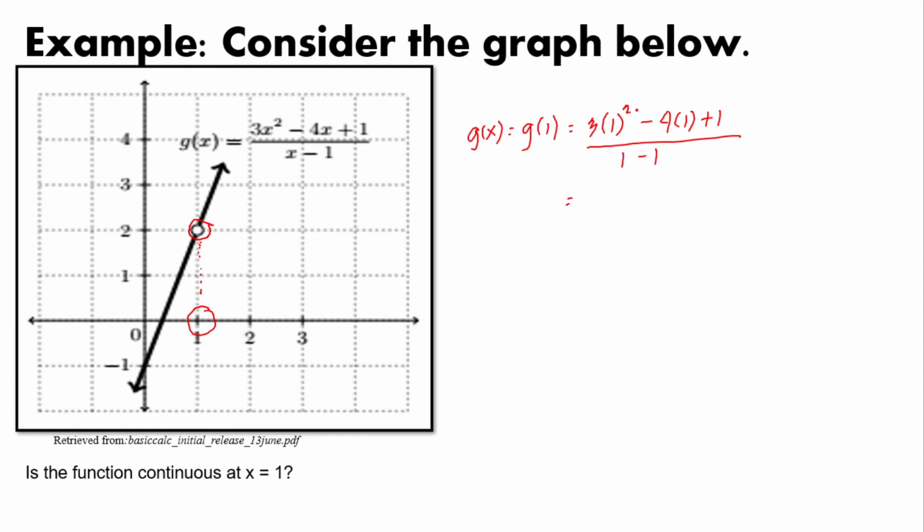So we have 3 times 1 is equal to 3 minus 4 plus 1 all over 1 minus 1. Solve natin. So we have 3 minus 4, negative 1 plus 1 equals 0, all over 1 minus 1 is equal to 0. So mayroon tayong undefined. Undefined na sagot.